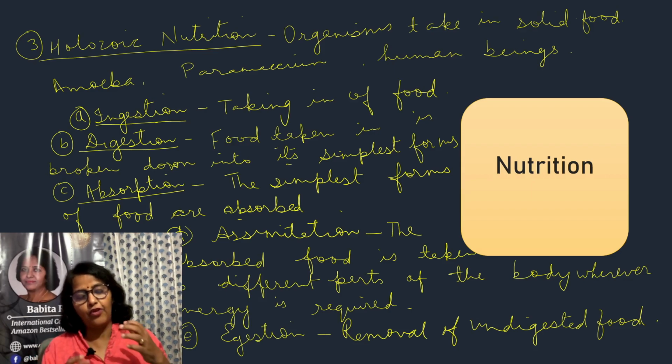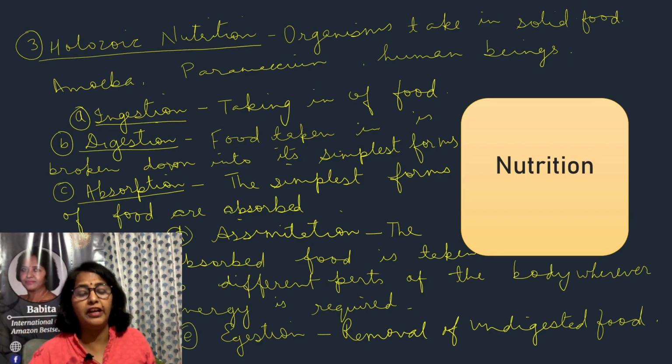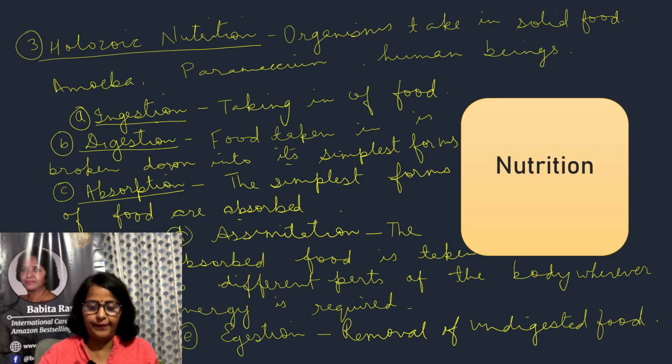Then the food, after it has been broken down, is absorbed by the body, and that process is known as absorption. After absorption, it is distributed to different parts of the body wherever it is required, and energy is generated there. And the last one is egestion. The undigested food, the food that is left over without being digested, is removed out of our body.